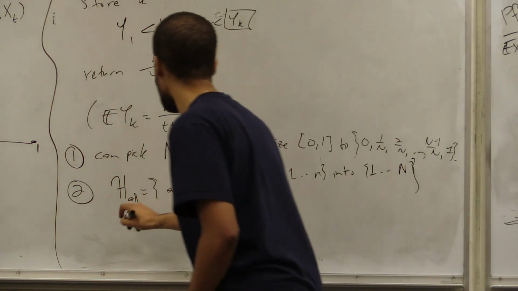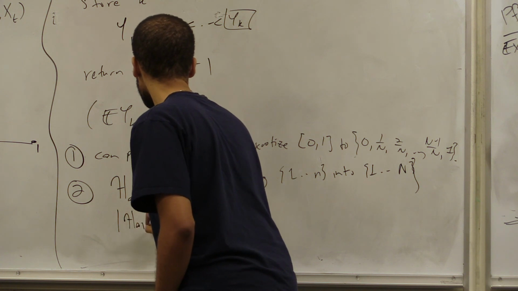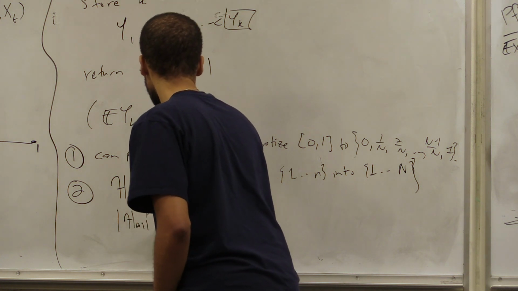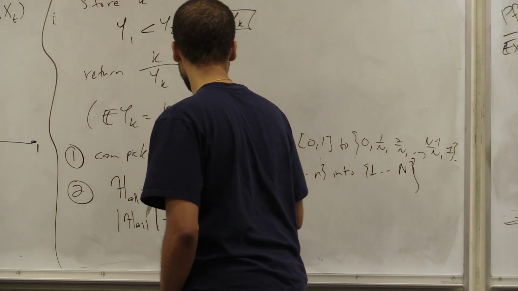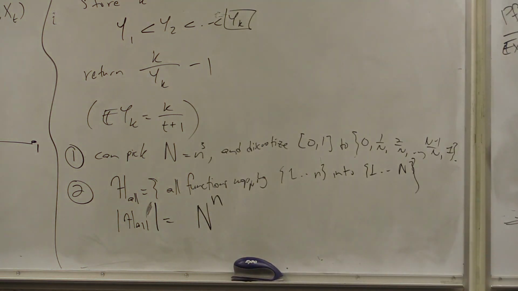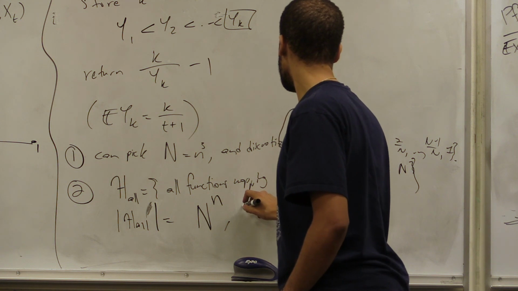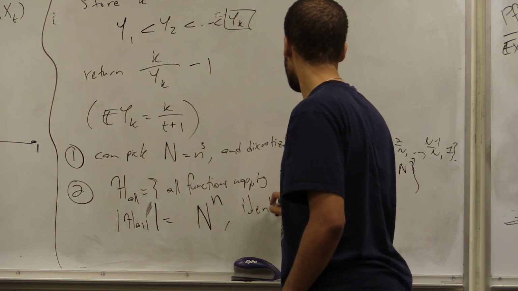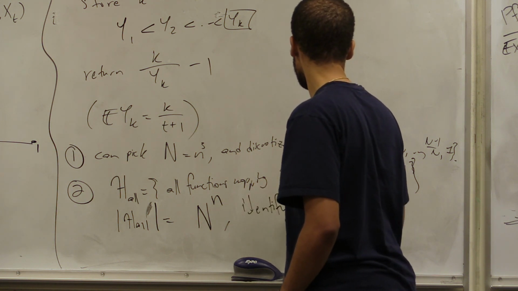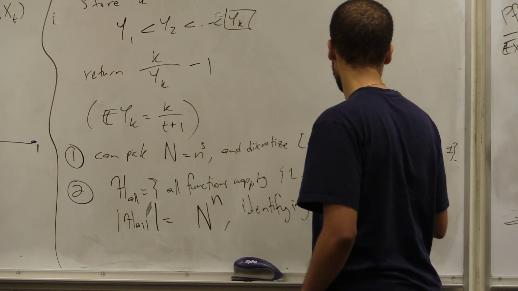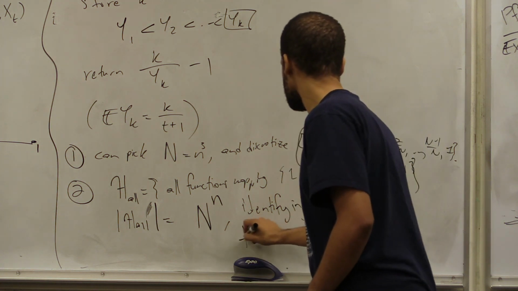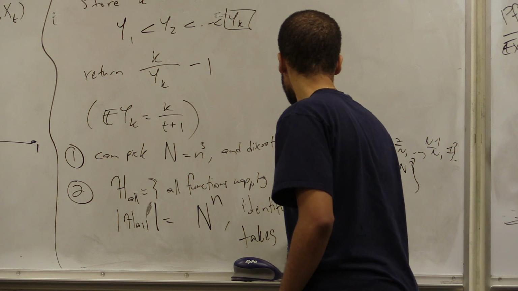And notice that the size of h all is basically capital N to the lowercase n. The number of functions mapping 1 to little n into the range 1 to capital N is exactly capital N to little n. And identifying any function in this set takes log the size of the set bits.